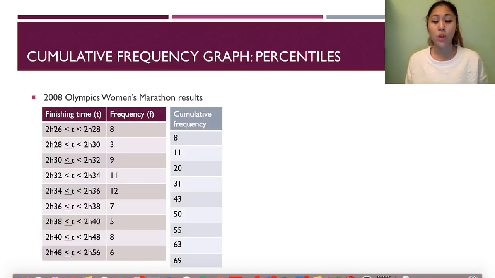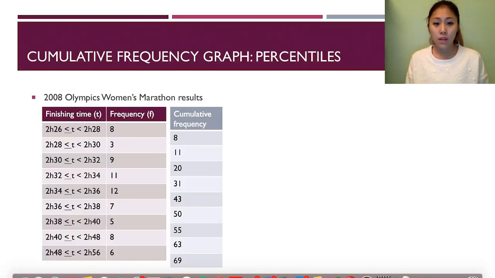You would add the earlier times, so the times of women that finish running earlier than the second column of women, and you would keep adding them up. So by the last row, this tells us that there is a total of 69 Olympics women marathon runners.